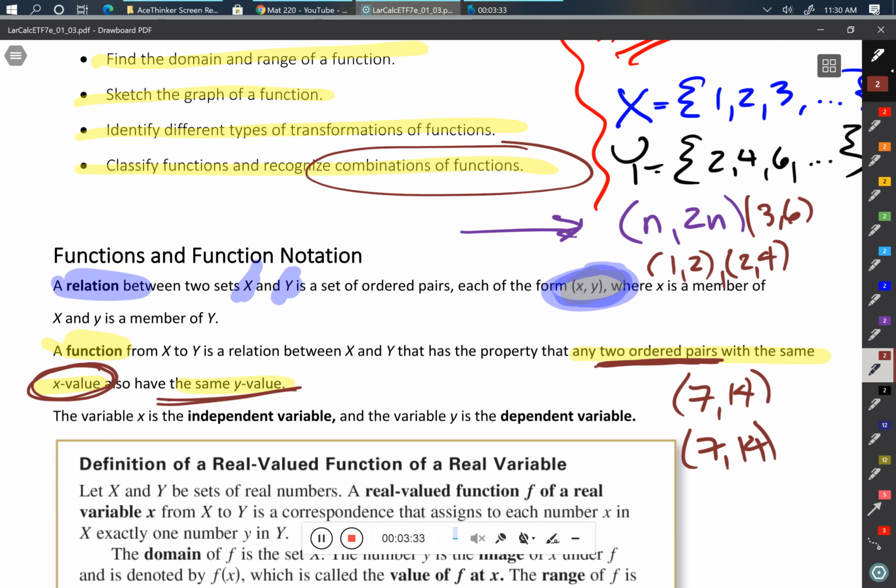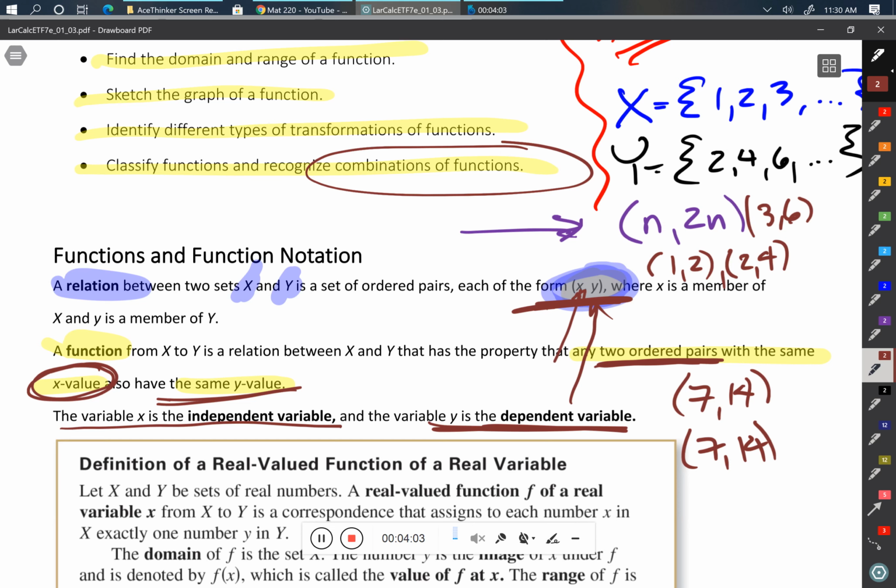Now, in this notation here, these (x, y) ordered pairs, we say that the variable x, the first represented variable, is the independent variable, and y is the dependent variable. Y depends upon x. X can be anything. The first number from the first set can be anything, but y depends on what that x was. And so that's how that works.